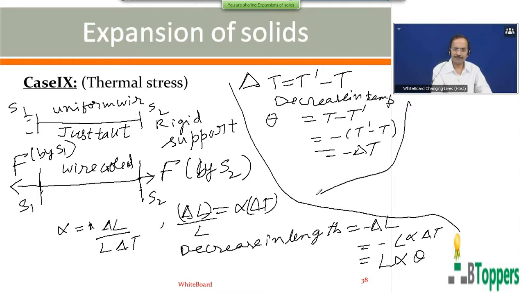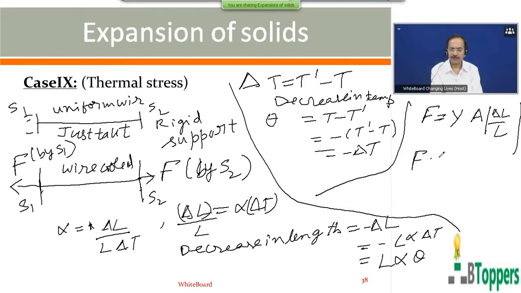So the force required, the tension force which is to be applied by each support on the wire to prevent the contraction, can be calculated by using the same formula which I discussed previously, Y A into mod of delta L by L. So mod of delta L by L, you can write as alpha into mod of delta T. So the force required to prevent the contraction of the wire when temperature decreases, you can write Y A alpha into mod of delta T, or Y A alpha theta.